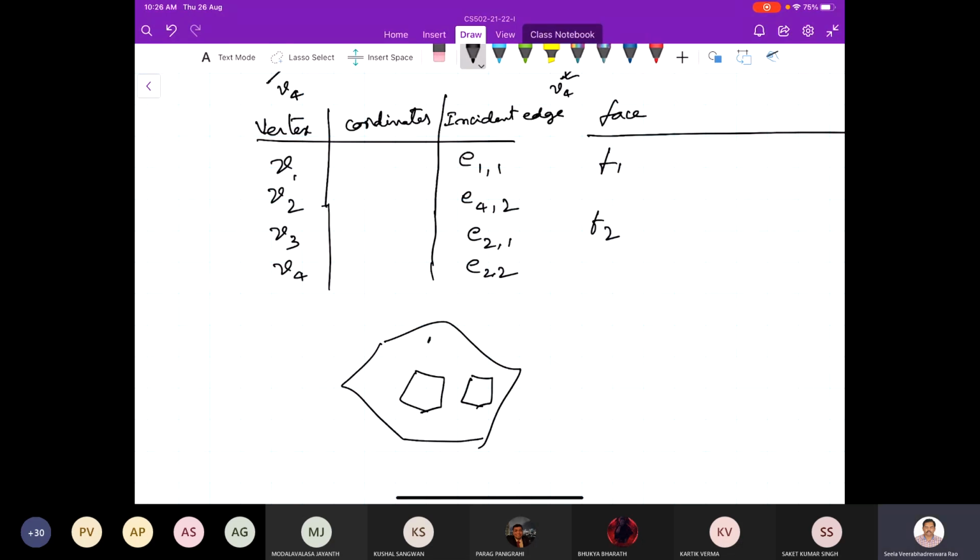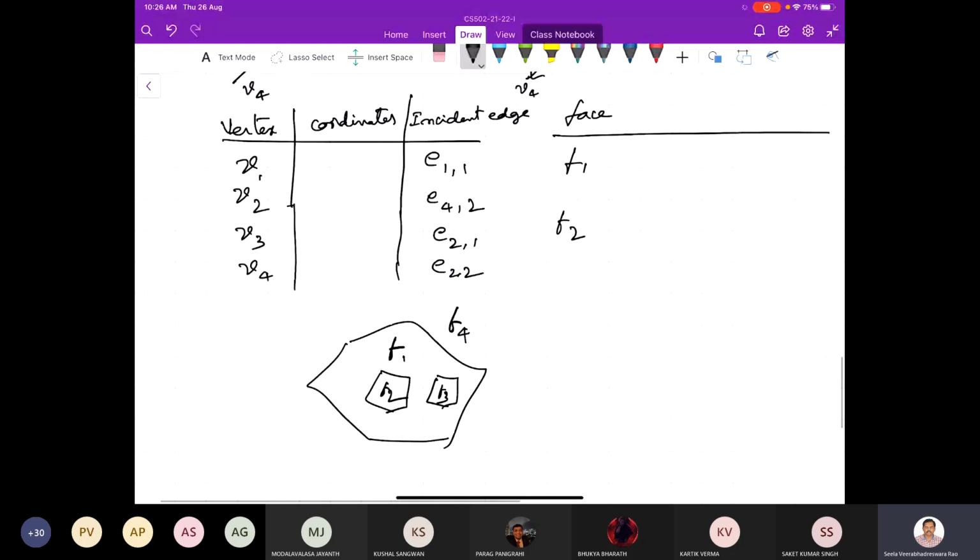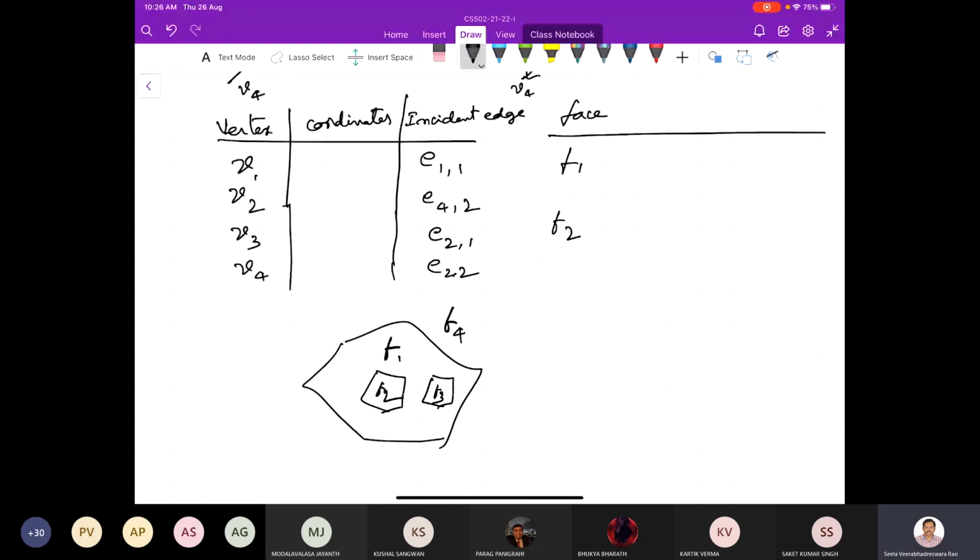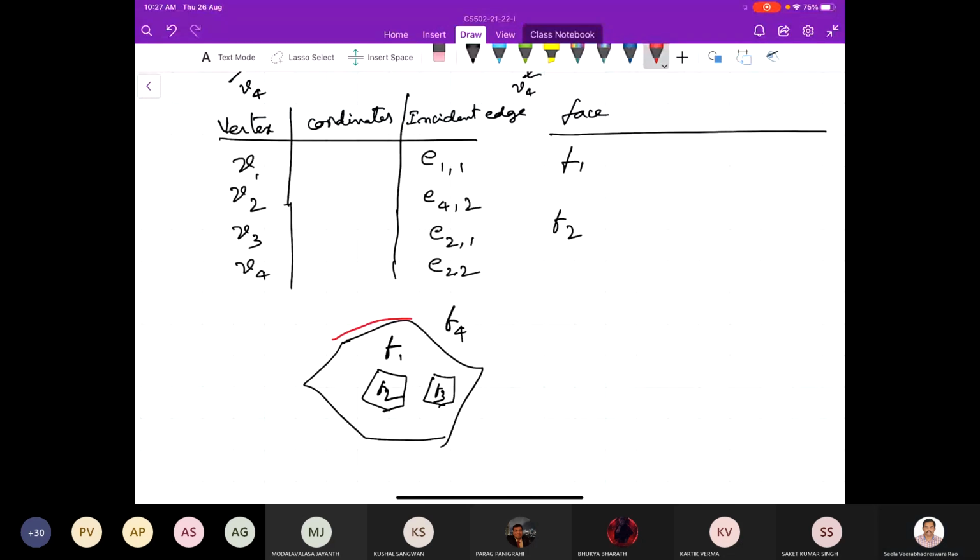So suppose you take this region, this F1, F2, F3, and outside is F4. Okay. So we can look at this F1. Region F1 is bounded by this outer boundary. Okay, the F1 is bounded from outside by this red line.